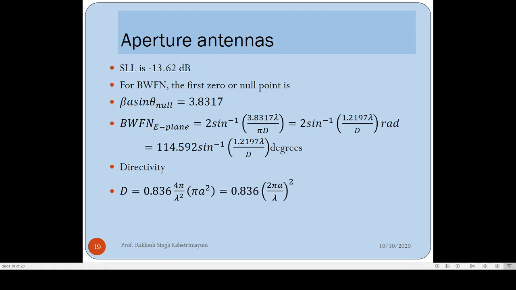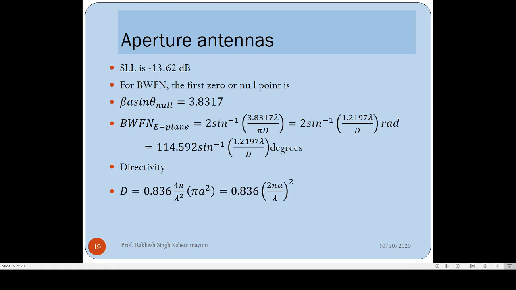You can also find out the directivity of such kind of open-ended circular waveguide, and aperture efficiency turns out to be, in this case, 0.836. Like last time it was 0.81.